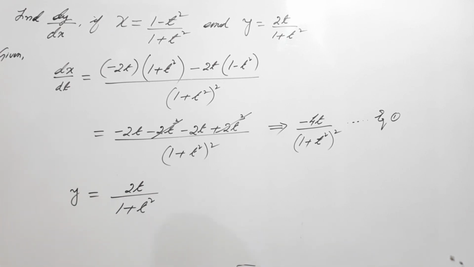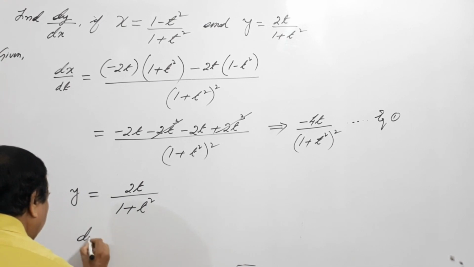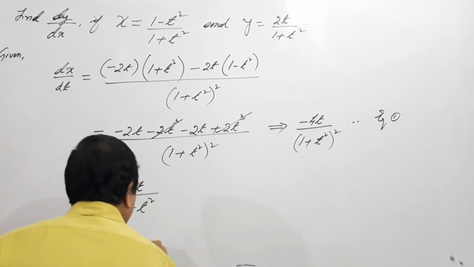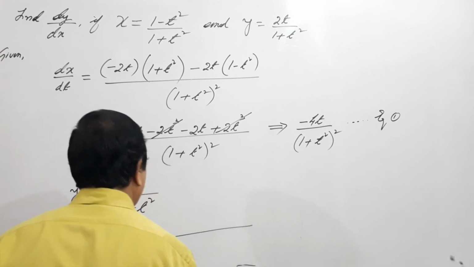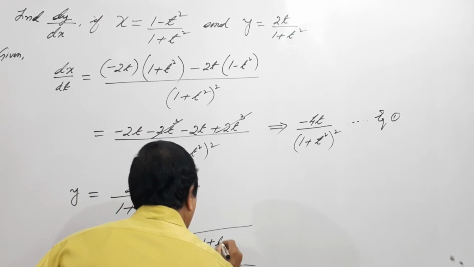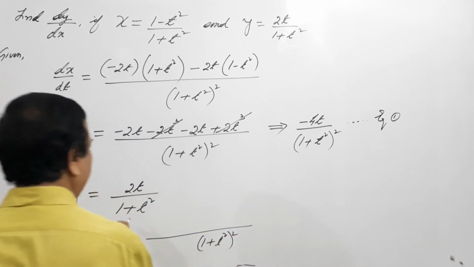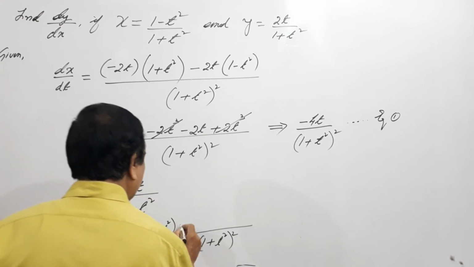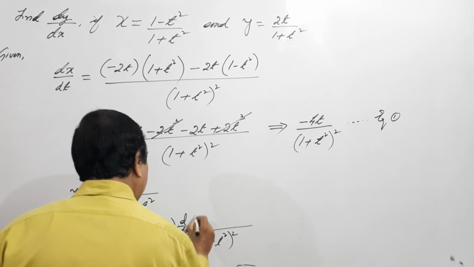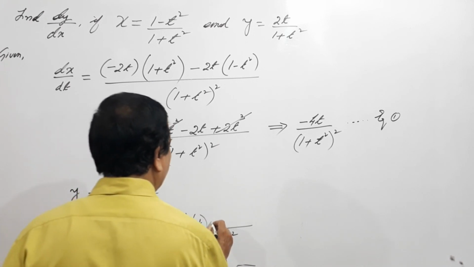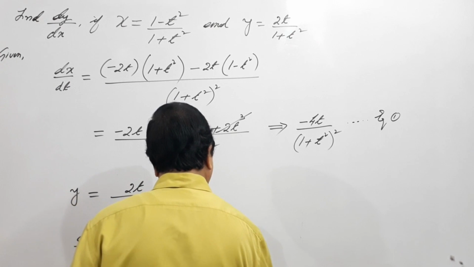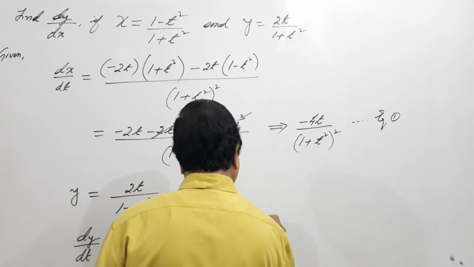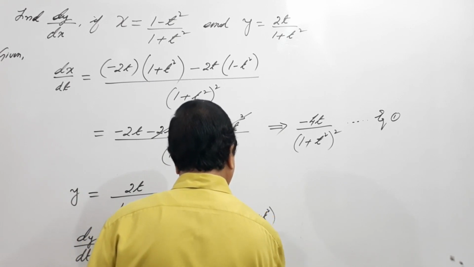So dy by dt will be, over 1 plus t square the whole square, I will take 1 plus t square into d by dt of 2t minus 2t into d by dt of 1 plus t square.